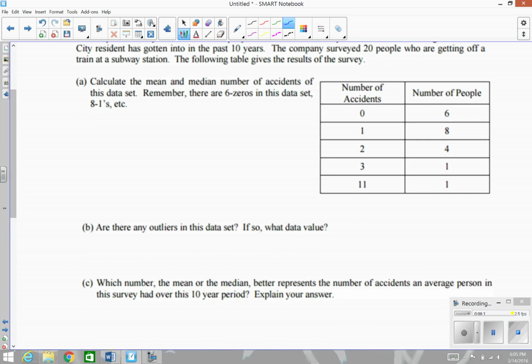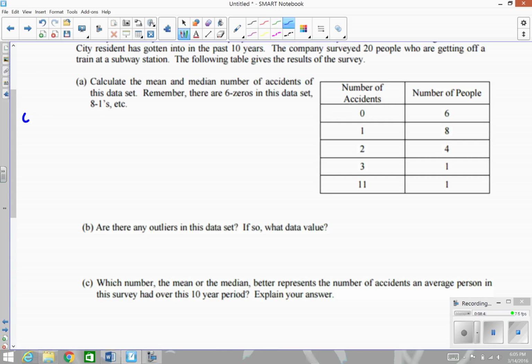Okay, this can be difficult to read. This here means that 6 people got into 0 accidents, so there should really be 6 zeros in our data. There should be 8 ones, meaning 8 people got into 1 accident, 4 people got into 2 accidents, etc. So for part A, when they're asking you to calculate the mean and the median, we need to write this data out to understand.